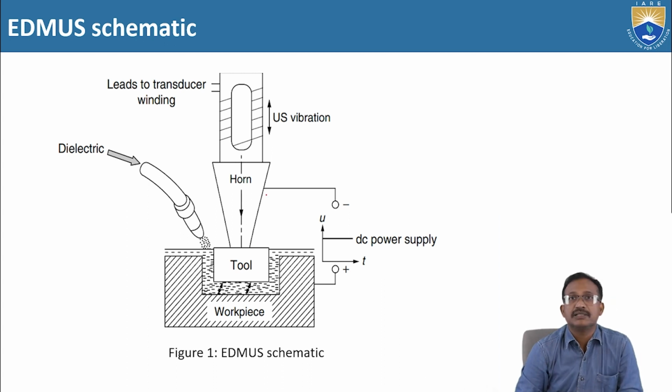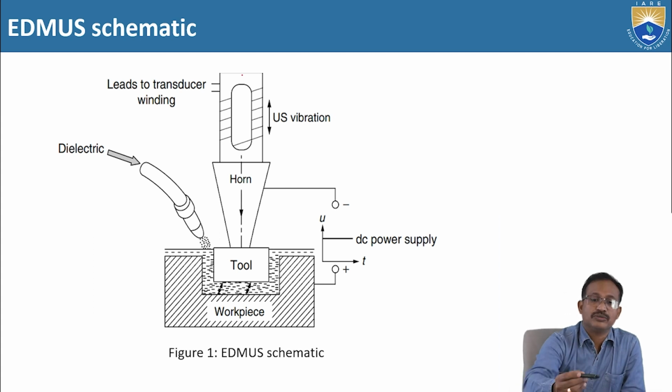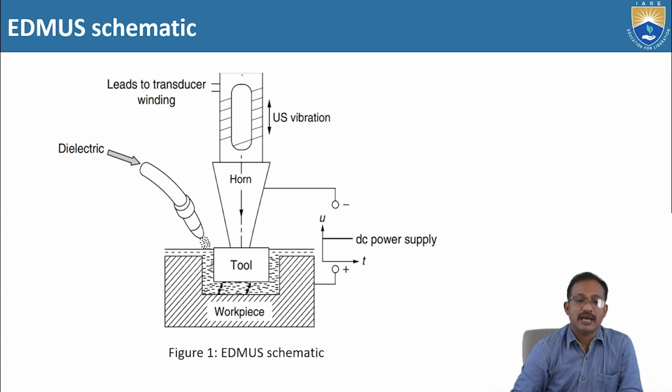The tool is connected to the horn, and the horn is extended to the ultrasonic vibration setup, which leads to the transducer winding. Dielectric fluid is supplied to the workpiece and the tool. The spark generates between the tool and the workpiece. This is the schematic of EDMUS.